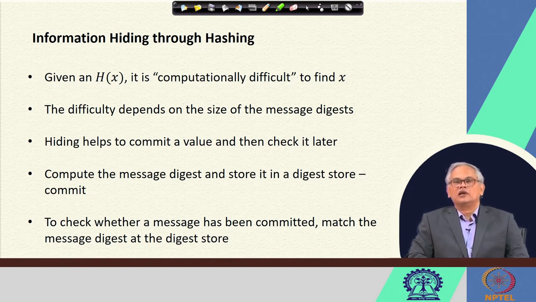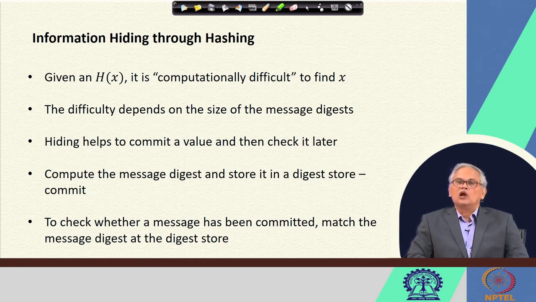If we later claim that we had stored, say, y, then running the hash on y should give a digest that matches the original saved digest. So it can be confirmed that the message that was originally committed is the same as the one now being claimed to be the original, by comparing their hashes.